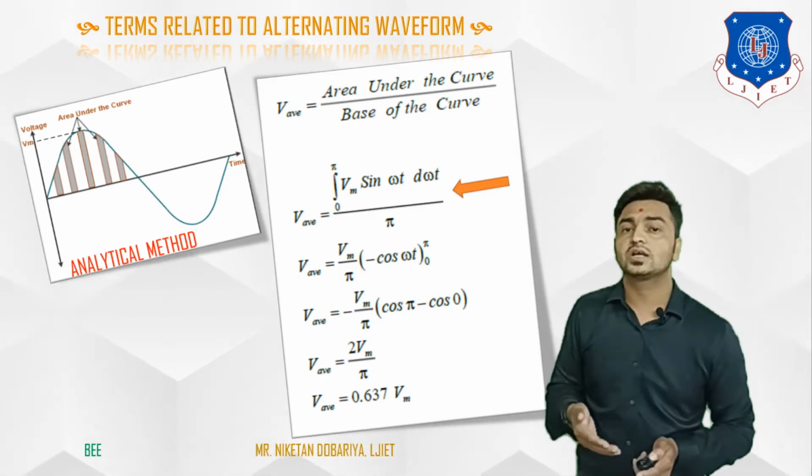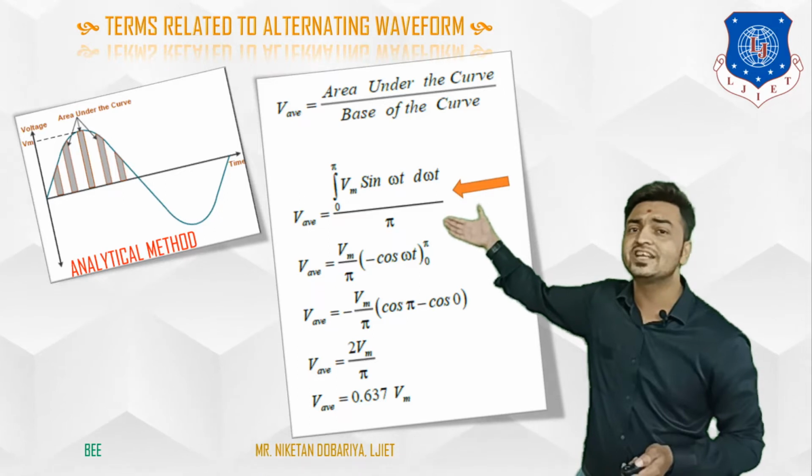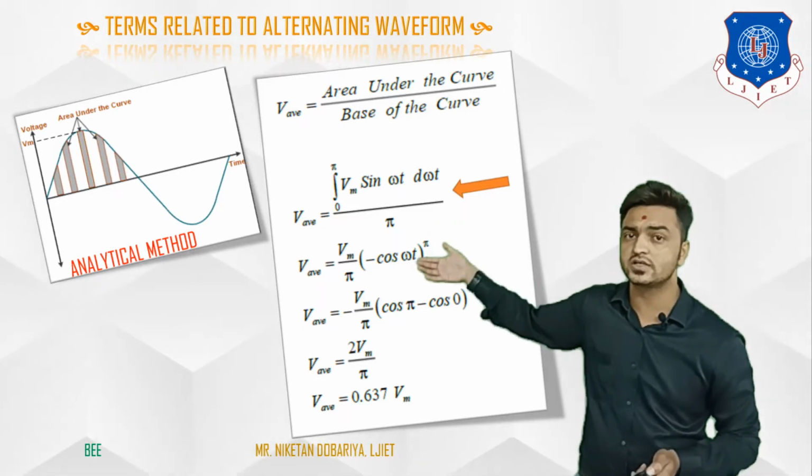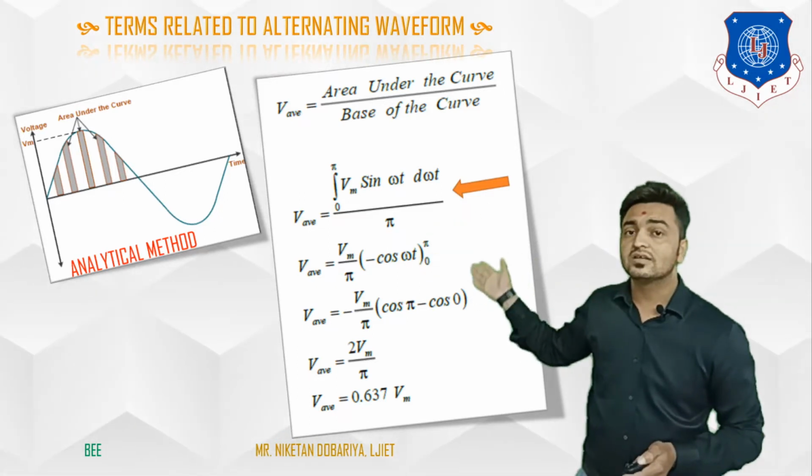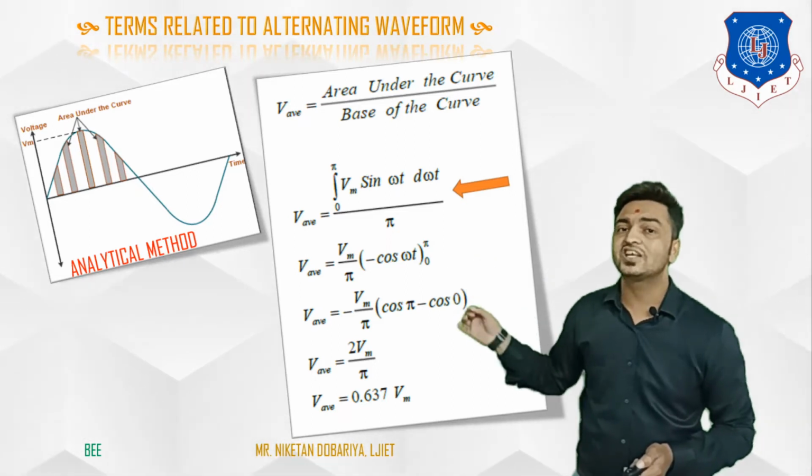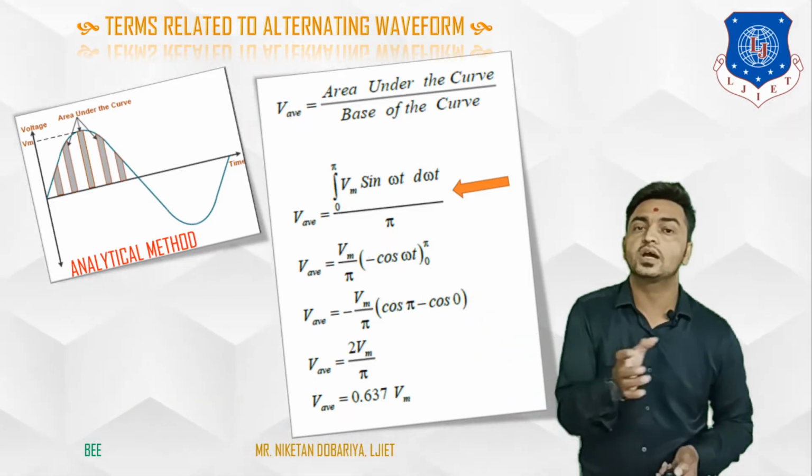And if we consider the value in the integration portion, here Vm is a constant. Here we are going to integrate the term sin omega t with respect to theta, that is nothing but the omega t term.